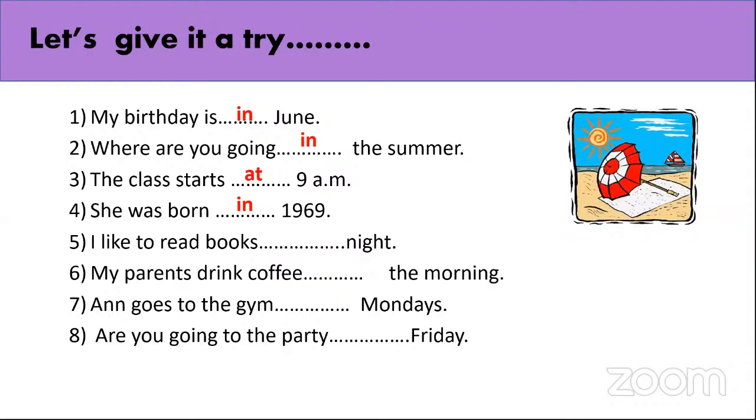Number 5, I like to read books at night. My parents drink coffee, yes, in the morning and go to the gym, yes, on Mondays. Are you going to the party on Friday?